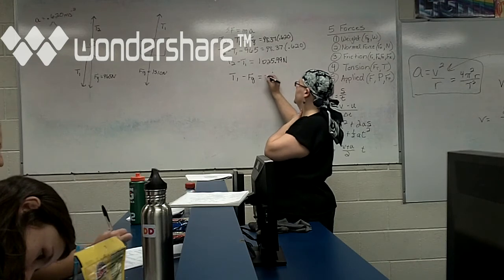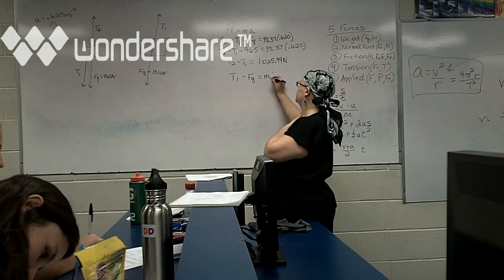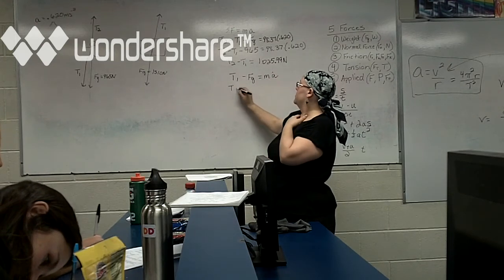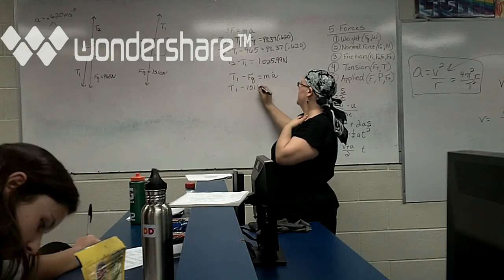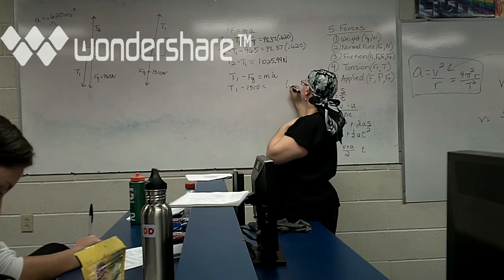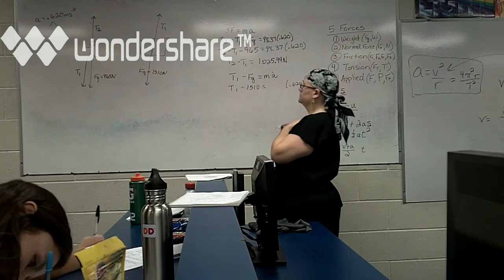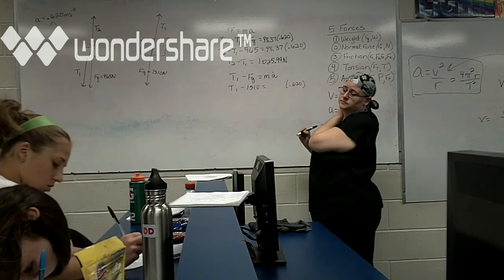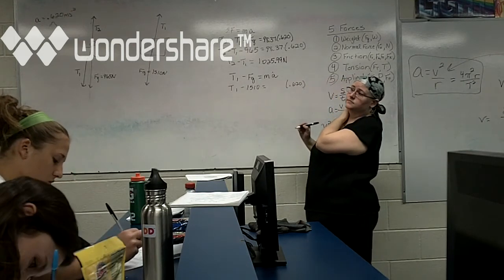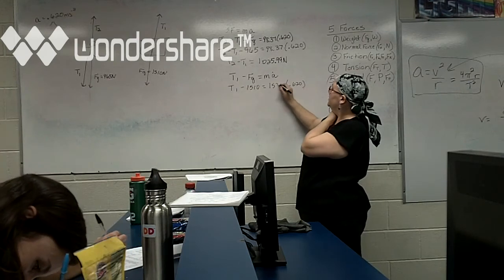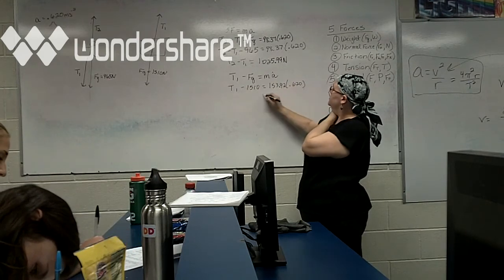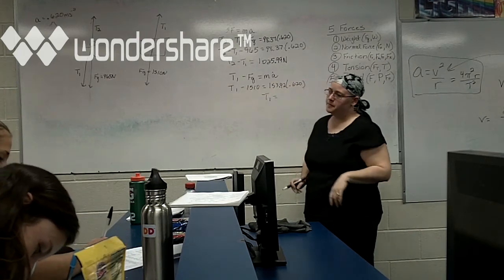Okay, and then we do the other one, T1 minus Fg equals its mass times acceleration. So T1 minus 1510, what's its mass? 153.92. So T1 is 1,605.